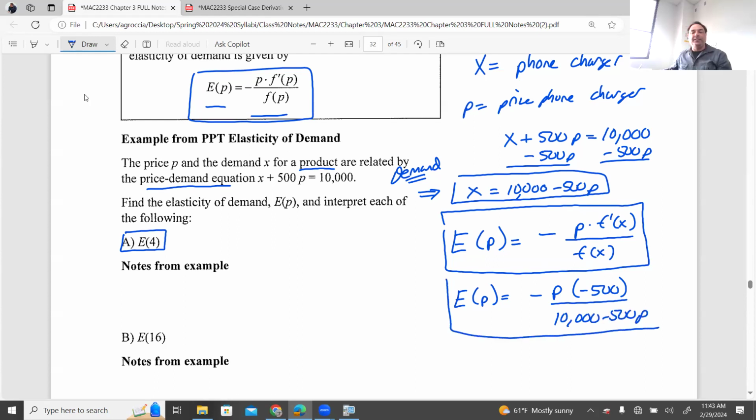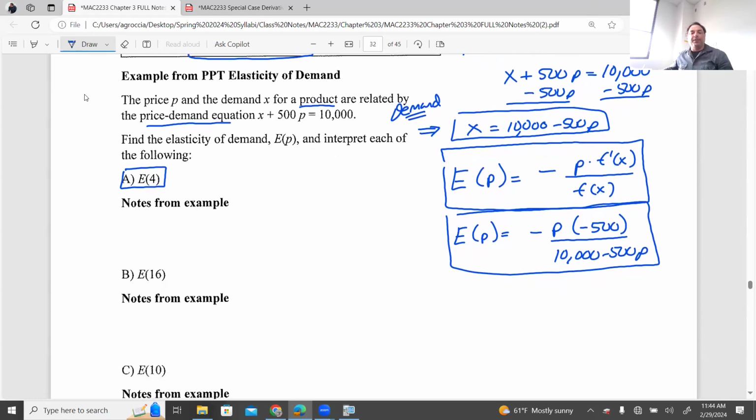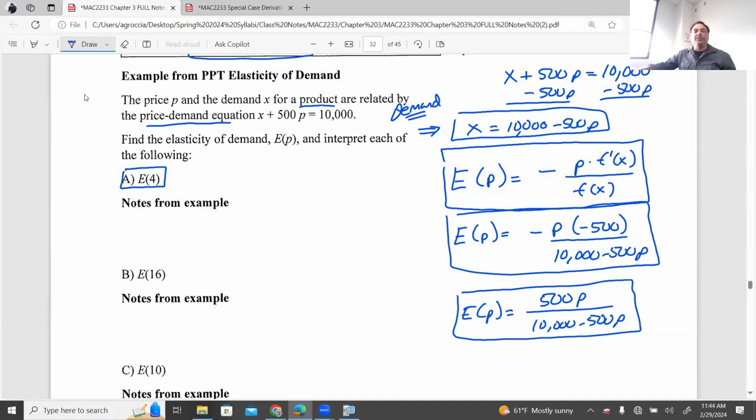If you did this, we'll simplify it in a minute. It simplifies to negative times negative is positive, 500P over 10,000 minus 500P. Now, we could simplify it a little bit further with factoring, but I don't want to worry about that right now. Let's just stop there and make sure we're comfortable on how we got that equation.